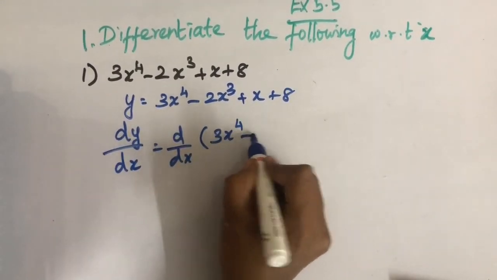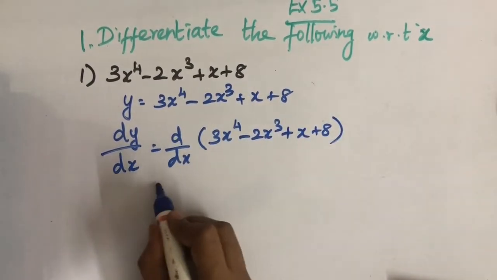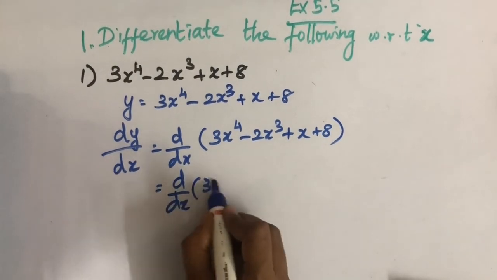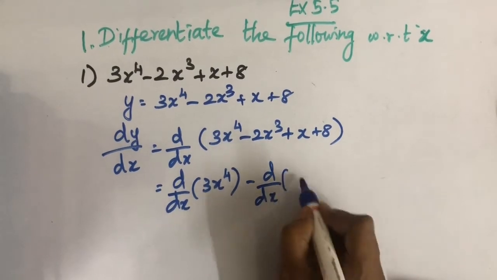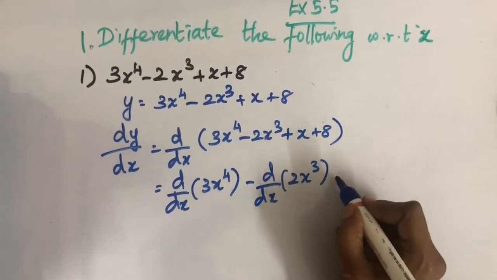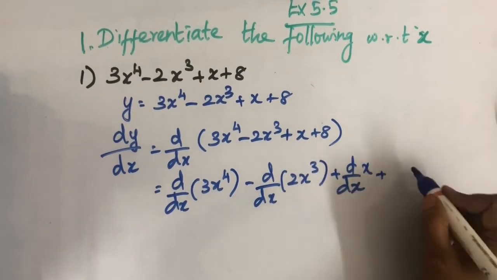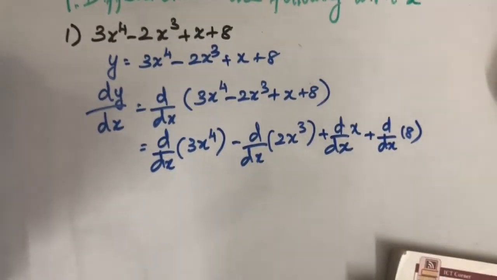We can use the addition rule here, that is d by dx of 3x power 4 minus d by dx of 2x cube plus d by dx of x plus d by dx of 8, the constant.